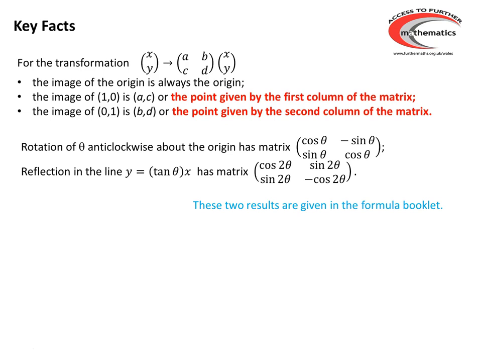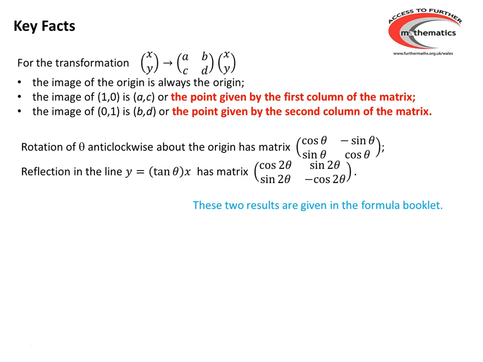There are 2 really important examples of transformations given by 2x2 matrices. The rotation of theta degrees anti-clockwise about the origin has a matrix whose first column is cos theta, sin theta, and whose second column is minus sin theta, cos theta.